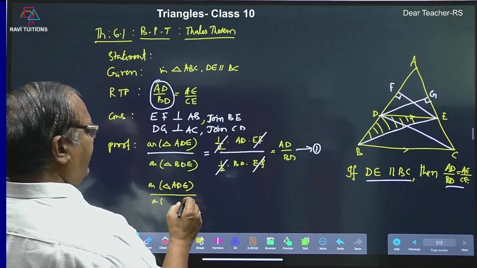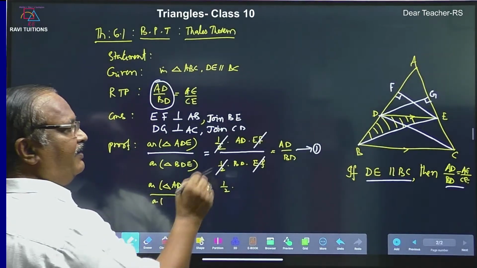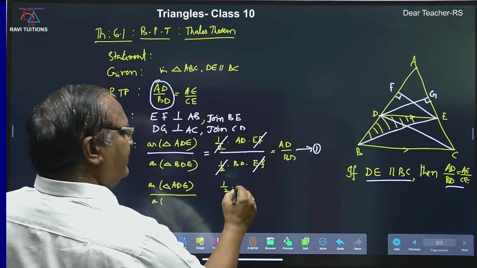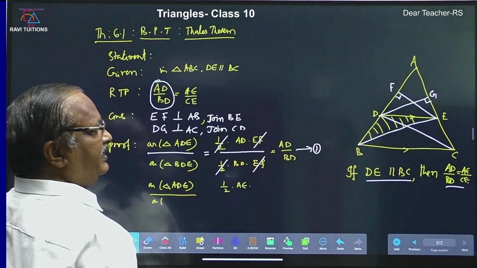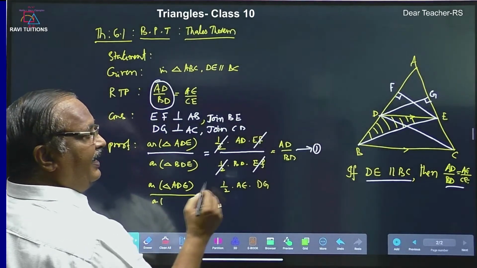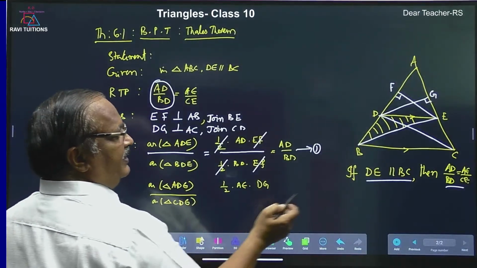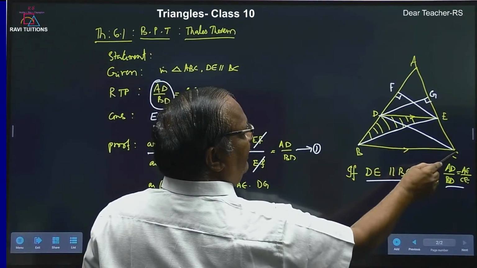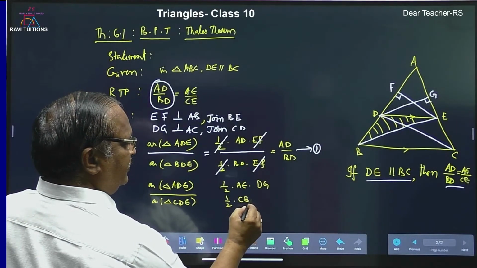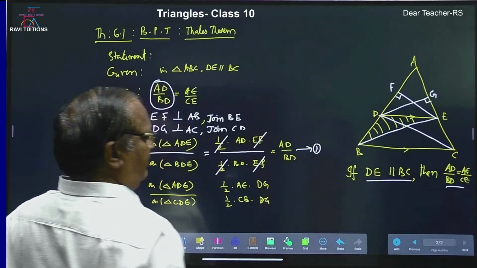Now let us apply. I am taking the area of triangle ADE, half into AE as base. Of course DG is the height. Now I will take triangle CDE. I will take CE as base, half into CE into DG, for CE also DG is the height.